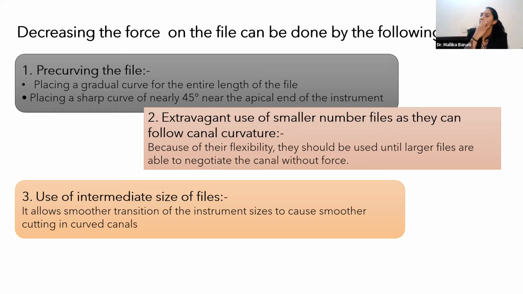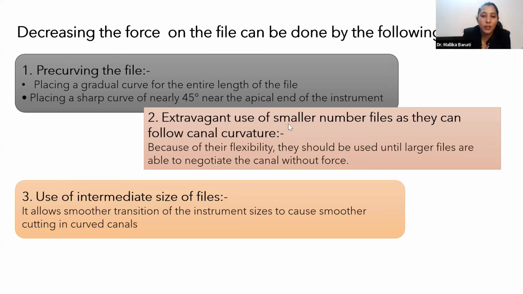If you're using your nickel titanium files and you've reached a 30 number or a 40 number, then you should try recapitulating with a 15 number or a 10 number in between for a smoother transition of instrument size, because this way your apical debris extrusion is less, your preparation size remains adequate, and your apical working width is not violated.